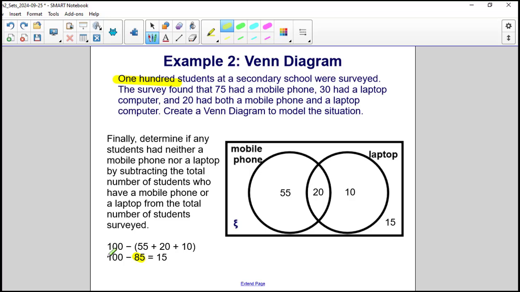So we subtract 100 minus 85, which leaves us with 15. That means there were 15 students who did not have a mobile phone or a laptop, and that would go out here in the universal set. It's in neither set, mobile phone set or in the laptop set.